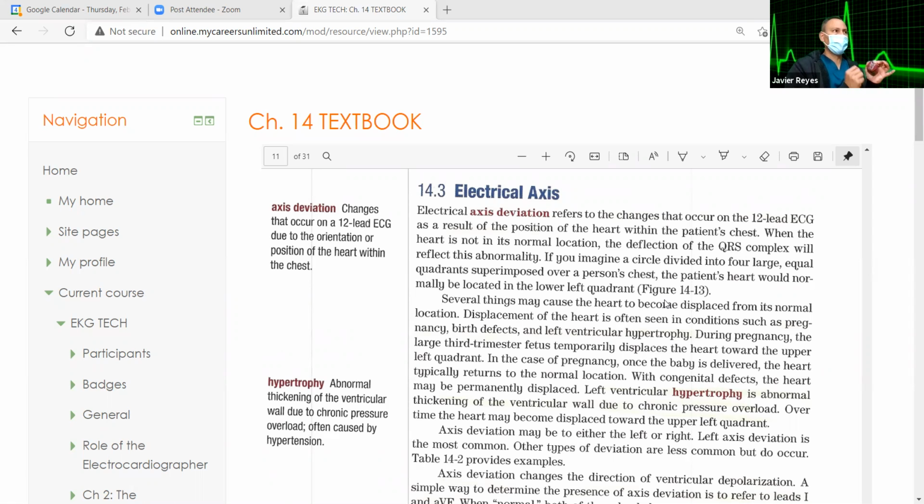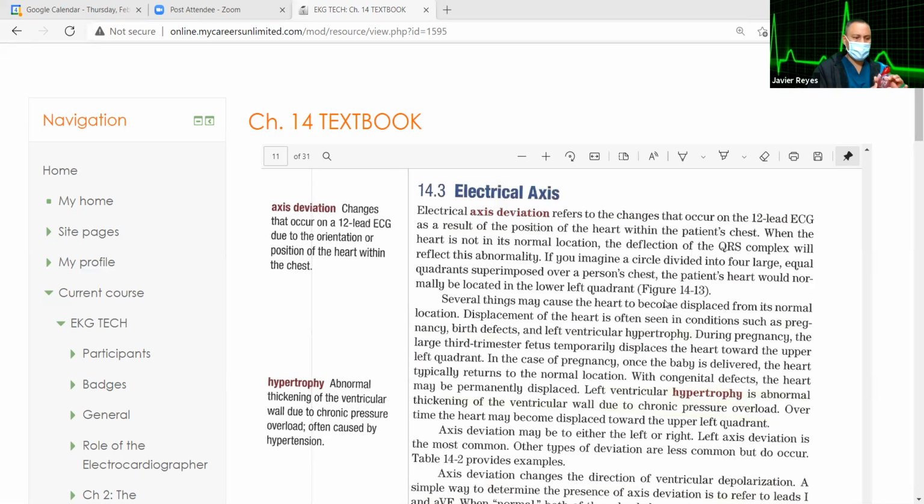The bigger the muscle, the bigger the wave. The two atria are represented in the EKG by your P wave. You have your PR interval, which is from the beginning of the P to the beginning of the R, the signal. And then you have your QRS complex, which represents ventricular contraction, both left and right.